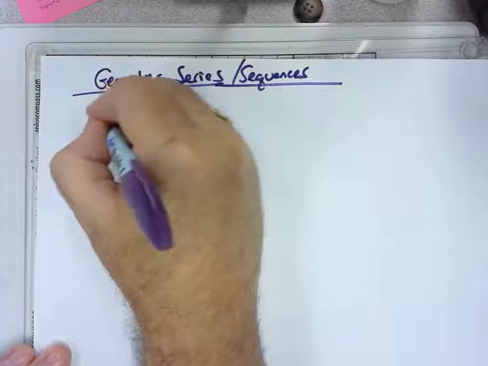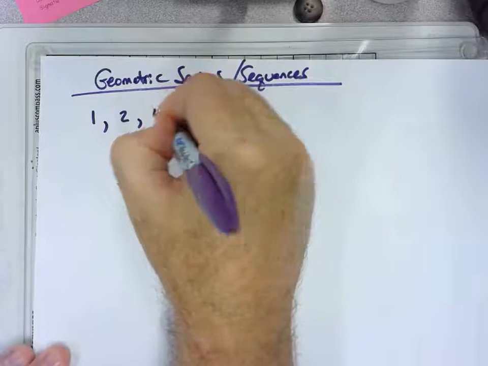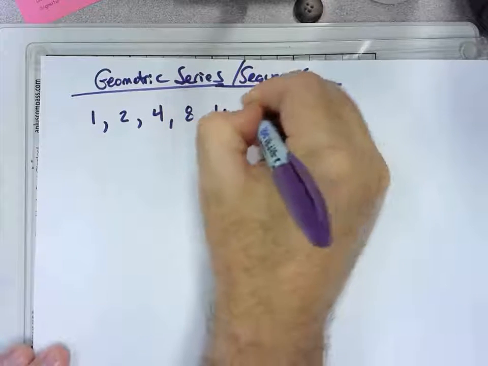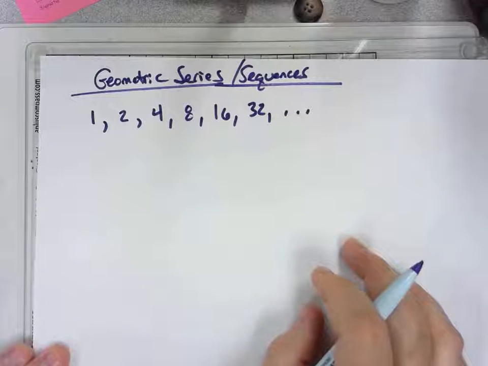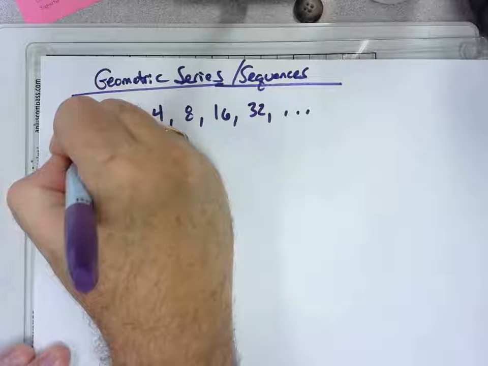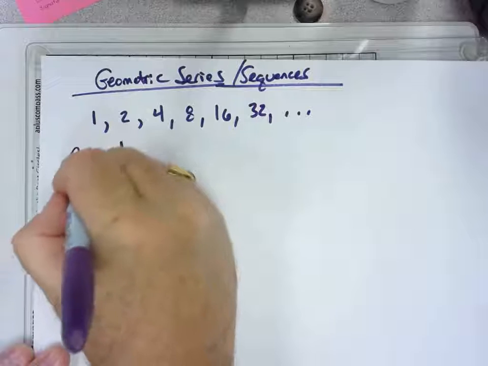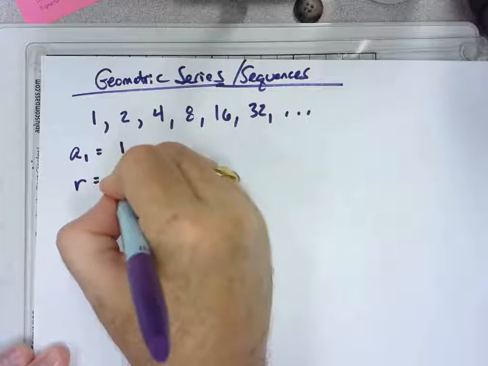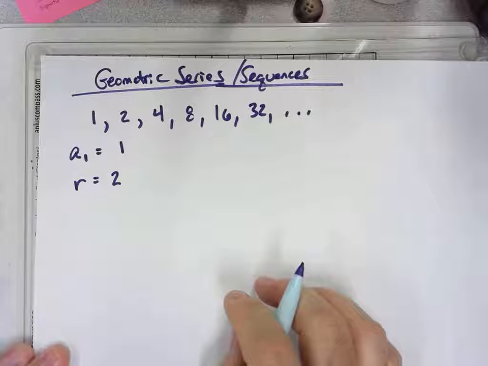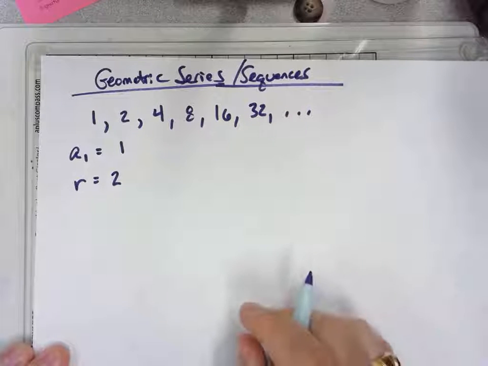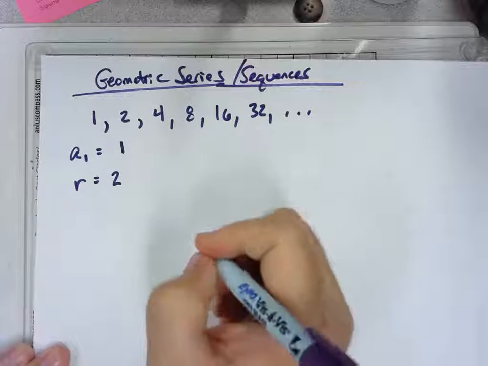like what we did a while ago, let's say I had 1, 2, 4, 8, 16, 32. We're multiplying by 2. So I have a sub 1 is equal to 1, but my common ratio is 2. It is times 2, or you're just going to write 2, but the ratio itself is 2.